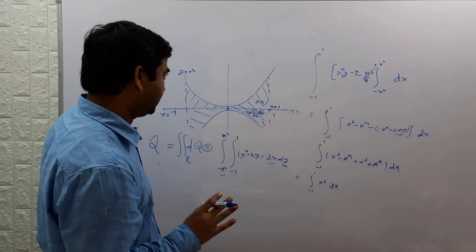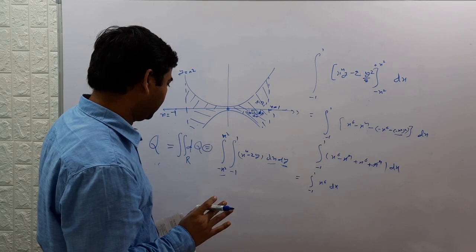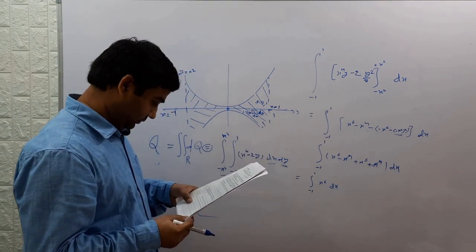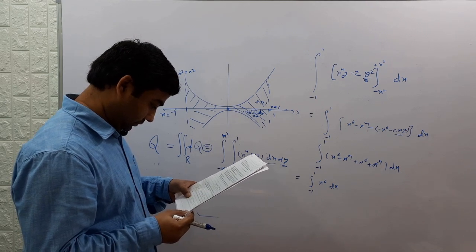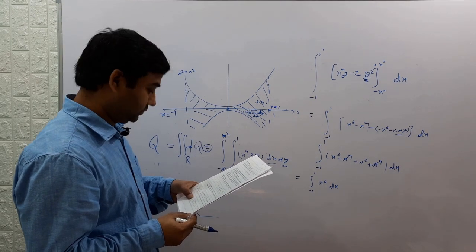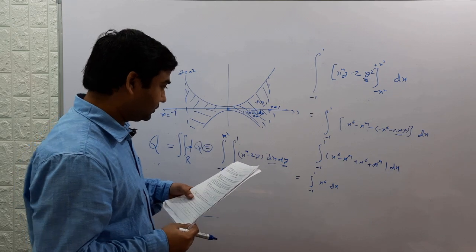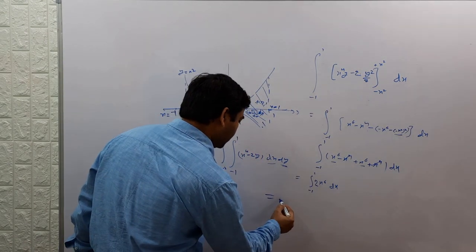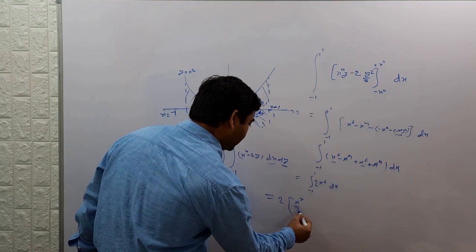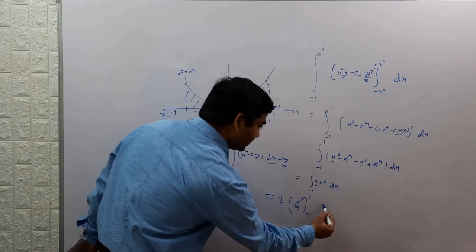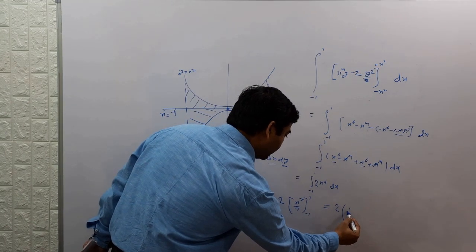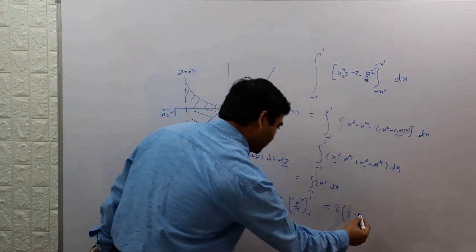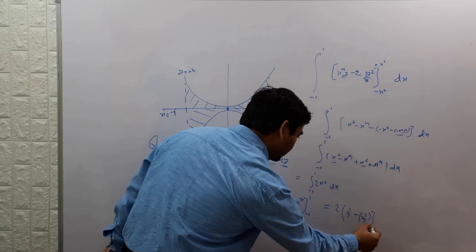So we have just committed a mistake. So these both will add, will come 2x power 6, and this is 2x power 7 by 7 from minus 1 to plus 1, which is equal to 2 times 1 by 7 minus minus 1 by 7.